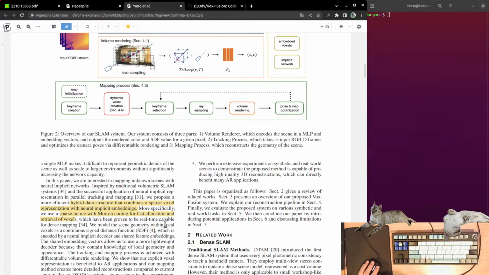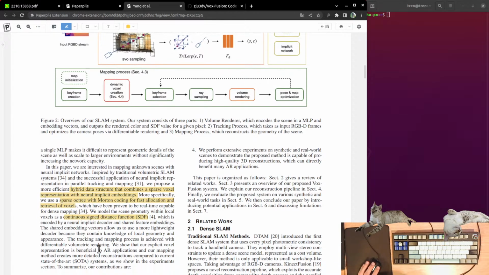We modeled the scene geometry within local voxels as a continuous signed distance function. That's fine. That's what all the other nerfs do, which is encoded by a neural implicit decoder and shared feature embeddings. Tracking and mapping.